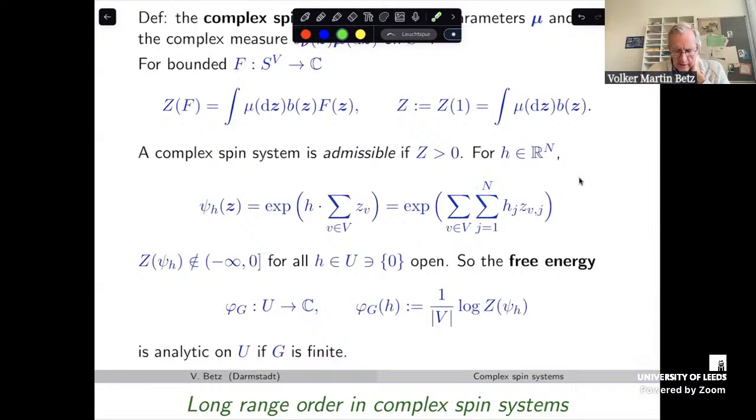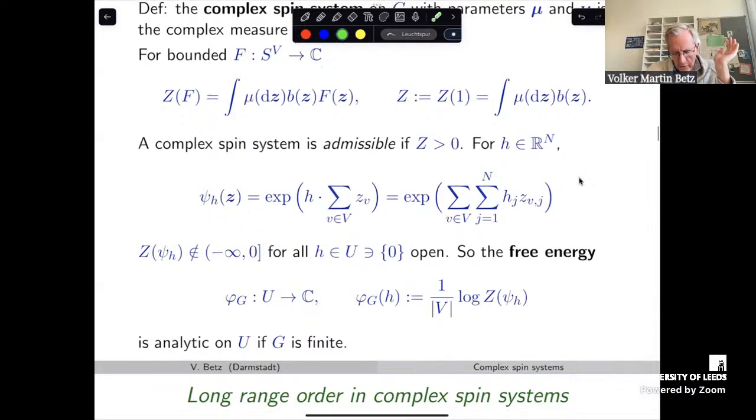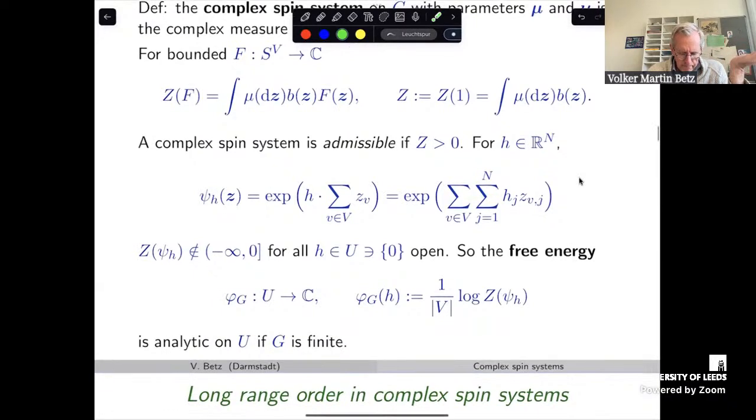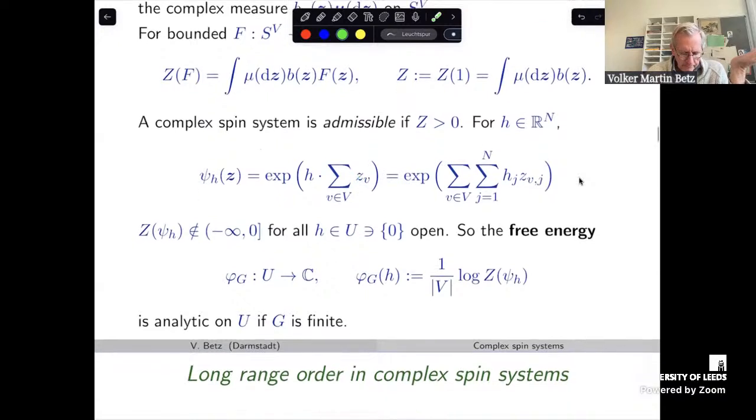Again, I have to do it with more components, but you think of n equal 1, then it's just the sum over all spins times h. This means that I shift the spins in the direction of h. In the Ising model, for h bigger than 0, I would prefer the plus spins. For h less than 0, I would prefer the minus spins. But here it's, of course, a bit more complicated because everything's a complex number.